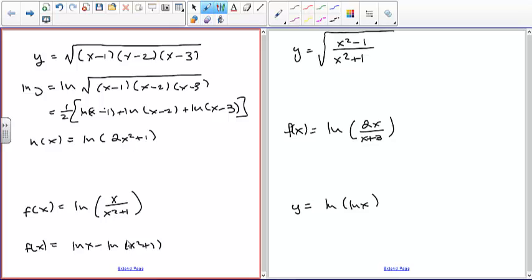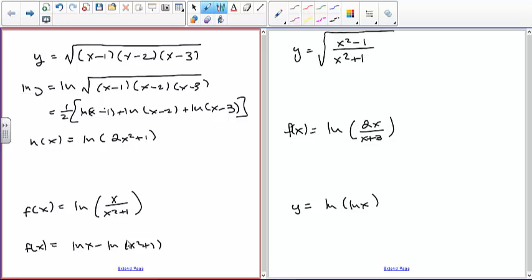Now when I hand the test back, you'll notice that I've taken off for some things that I haven't maybe been as picky about in the past, and I didn't take a whole lot off. I just wanted to, because if I don't take off, you don't even pay any attention. So for example, in this case, notice I put parentheses here, because if I didn't put the parentheses, it would be just the natural log of x squared and then plus 1.